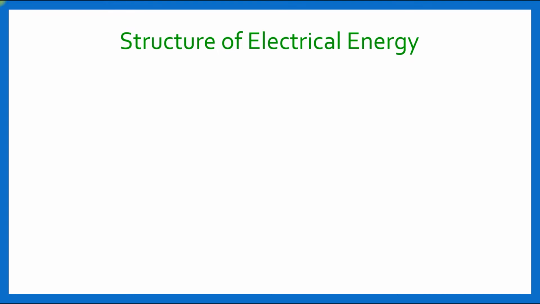So first, electrical energy is one of the best energies, but from nature we are unable to get this energy directly. From nature we can get potential energy, maybe while water is falling from a certain head.